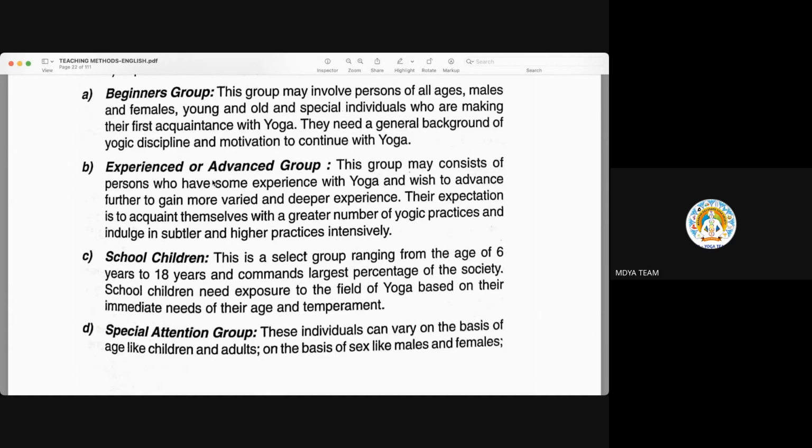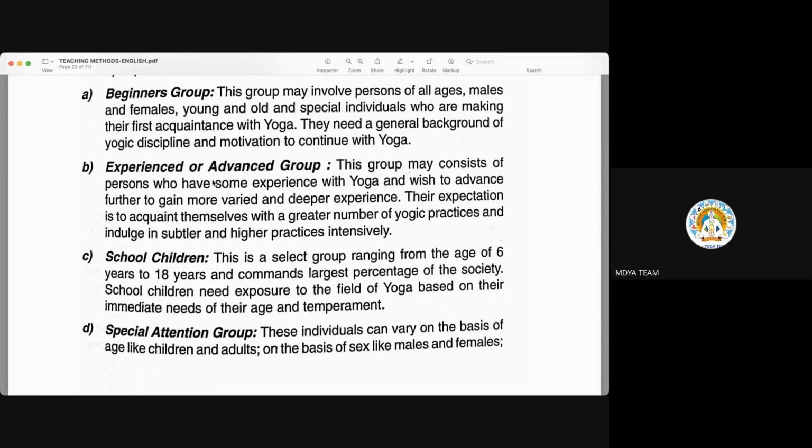The second is the experienced or advanced group. Now, this group may consist of persons who have some experience with yoga. They may have attended some small camps, or they know some of the yogic practices, and they follow those practices. They do those practices on a regular basis, but they want to know more, or practice in a systematic way.